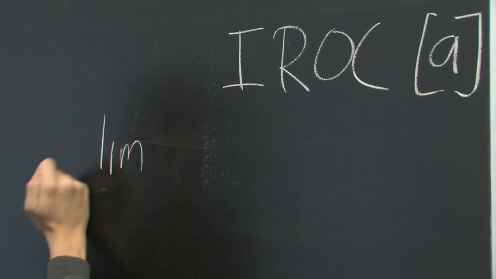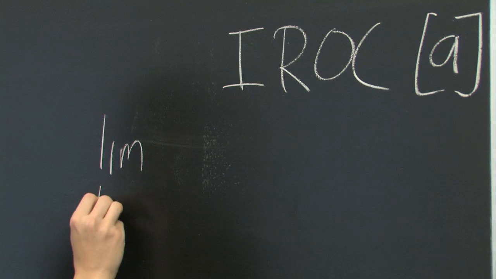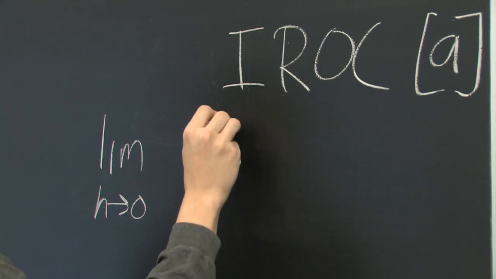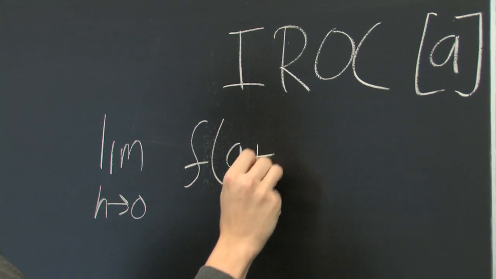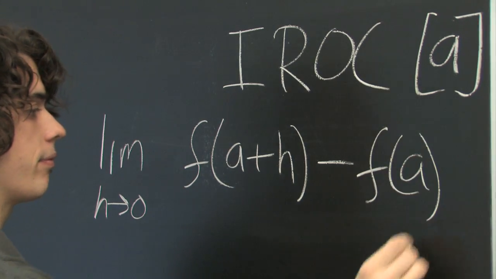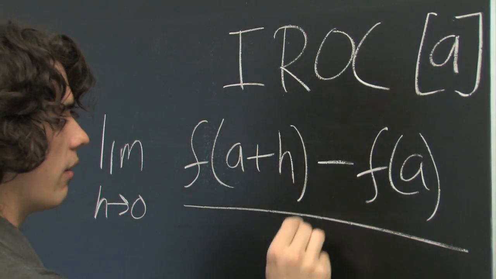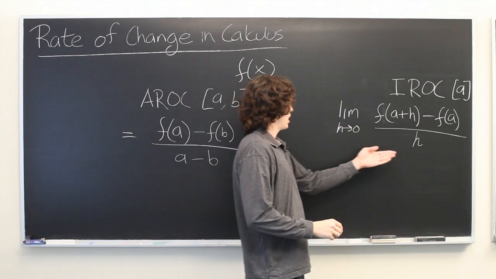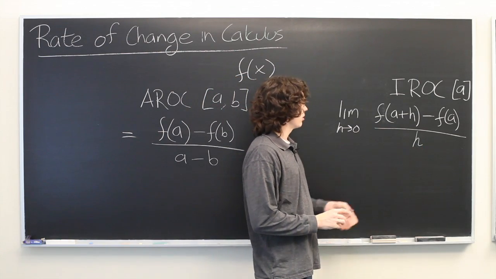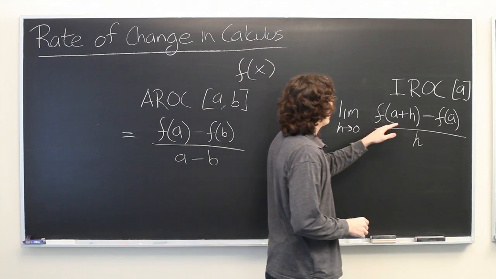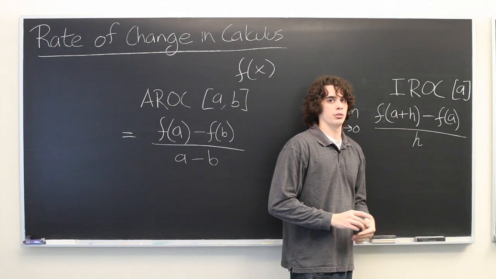The limit as h approaches 0, where h is just some arbitrary variable, of f of a plus h minus f of a, divided by h. Here we can't simply plug in h directly since there would be a 0 in the denominator. But typically this limit is not very difficult to compute.